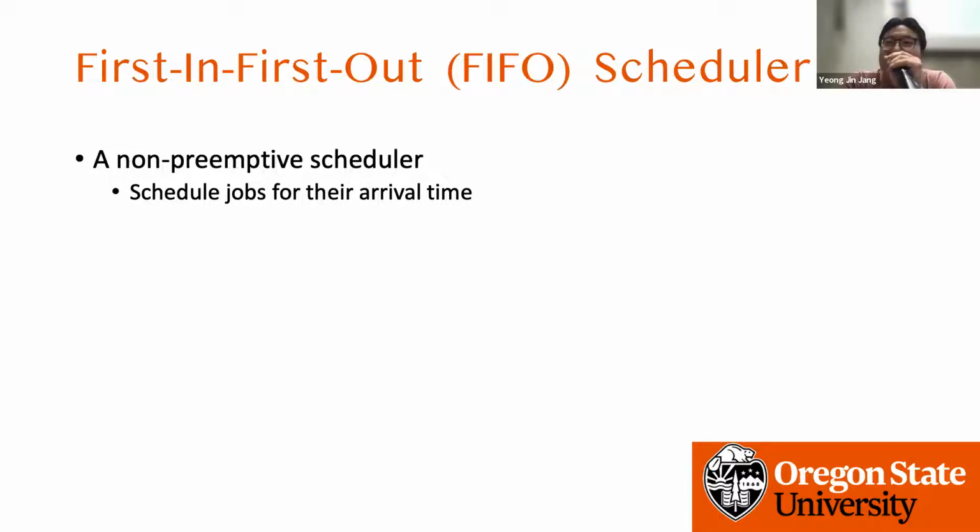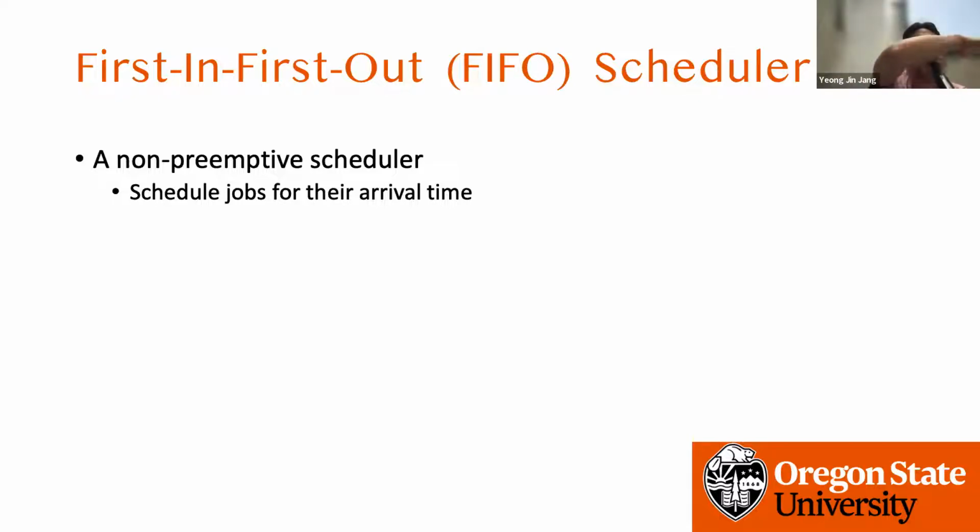The first scheduler that I would like to introduce is a very simple one, the first in, first out, FIFO scheduler. As its name says, it's just first in, first out. It schedules jobs based on their arrival time as the priority.